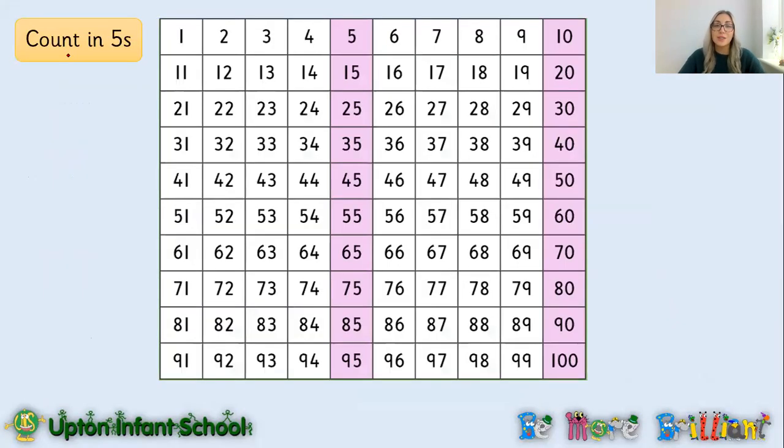Now, yesterday we had a little look at the rule, and the rule is when we count in 5s, it always ends in a 5 or a 0. Okay? So when we count in 5s, it ends in a 5 or a 0. We're going to have a go quickly at counting in 5s all the way up to 100. Okay? Off we go together.